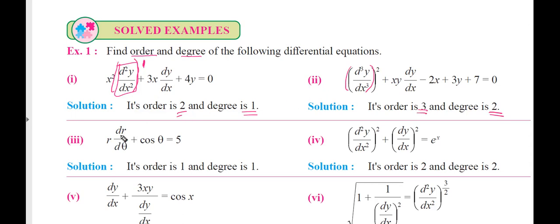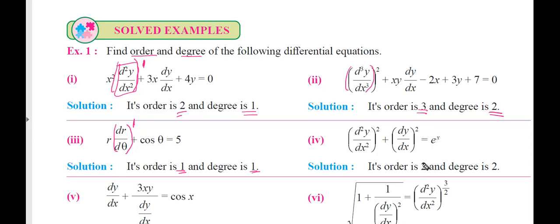Similarly, here it is dr by d theta plus cos theta is equal to 5. Here again I have a degree of 1. Why? Because I have only one differential term. So order will be 1 and degree is 1. Similarly, here d2y by dx square the whole square plus dy by dx the whole square is equal to e to the power of x.